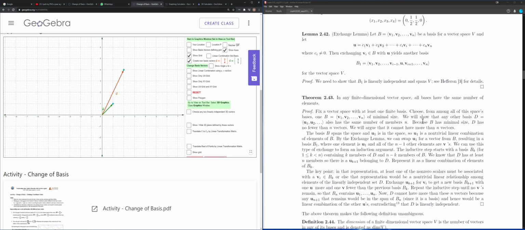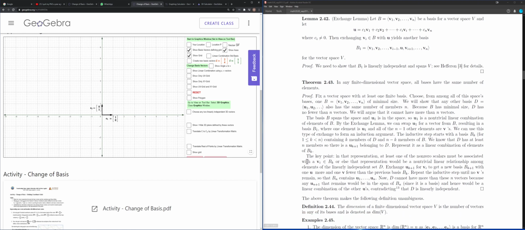But each basis will always have the same number of vectors. For R2, this basis has two vectors, and this different basis also has two vectors. That works for any finite dimensional vector space. The proof of this is a little technical and we're not going to get into that, but you could take a look at it, it's somewhat interesting.